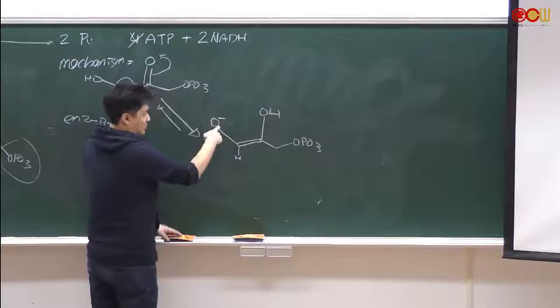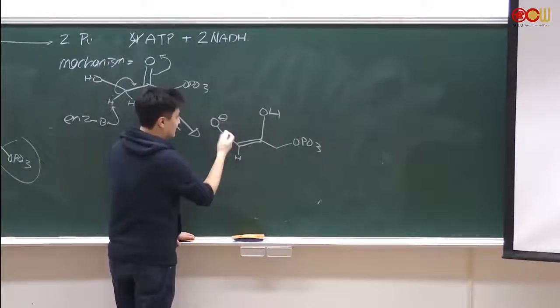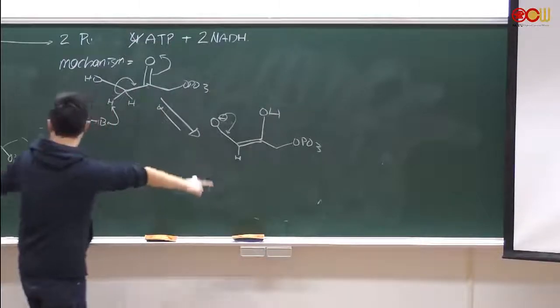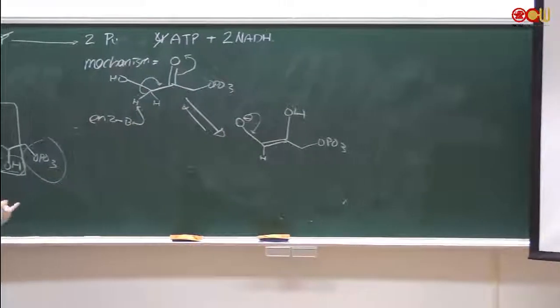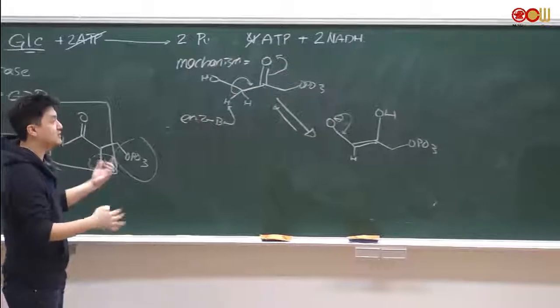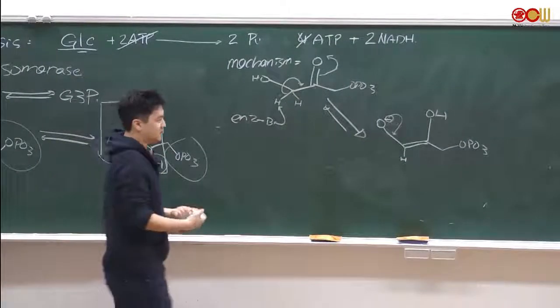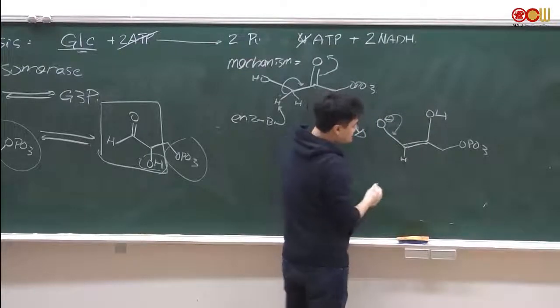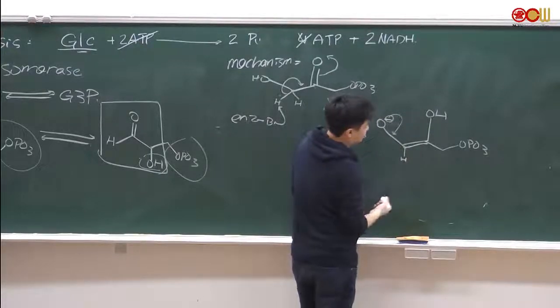Now, this O minus electron can come back down, because you want to form a carbonyl right here. By looking at the final structure, you should be able to guess what the mechanism would be like. When it does that, this particular carbon will have too many bonds.